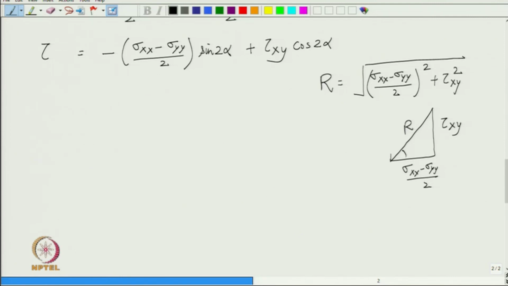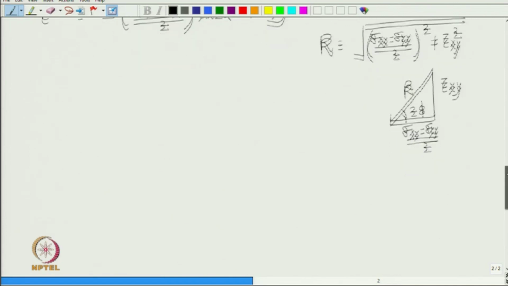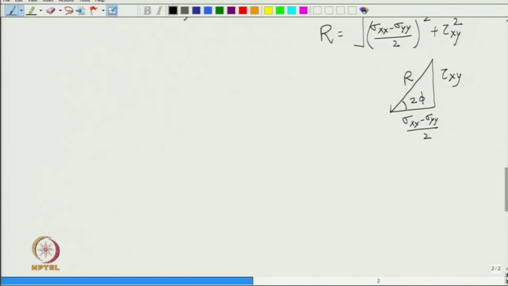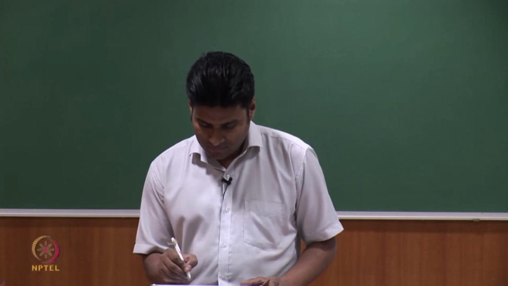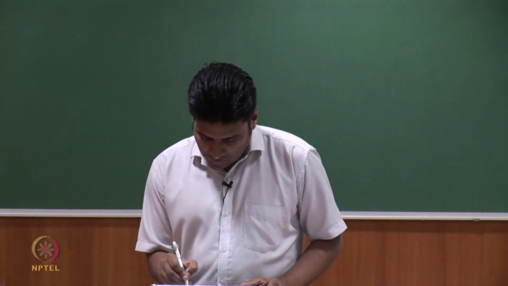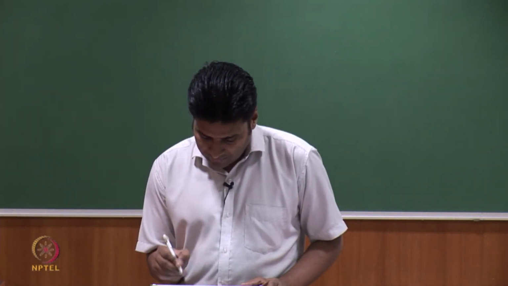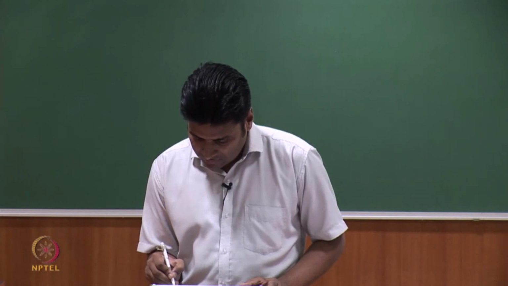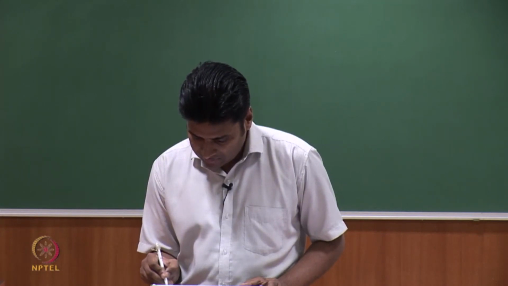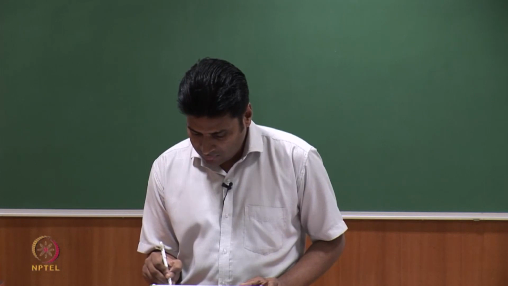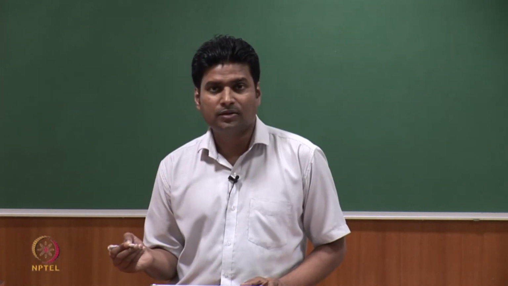Suppose this angle is 2 phi, then what can you say about cos 2 phi? So, cos 2 phi is then sigma x x minus sigma y y by 2 r, is not it?